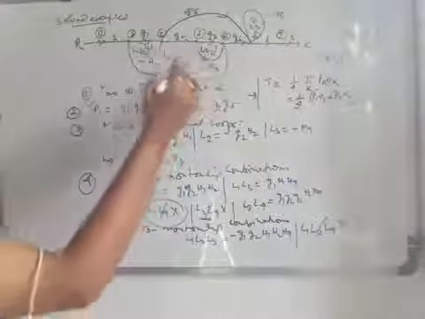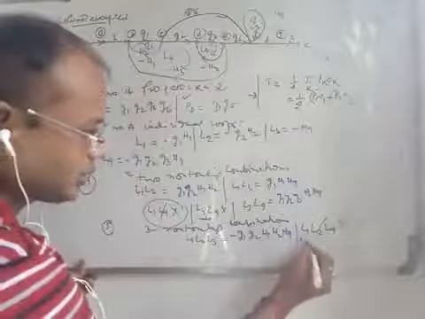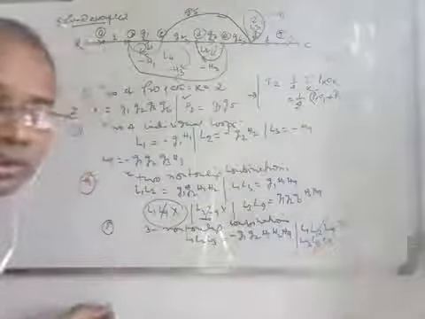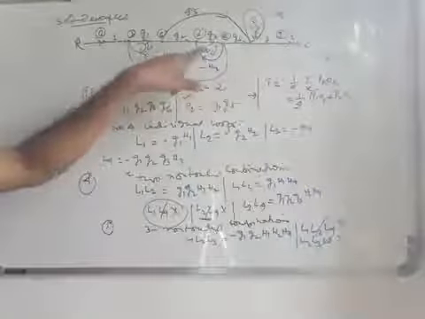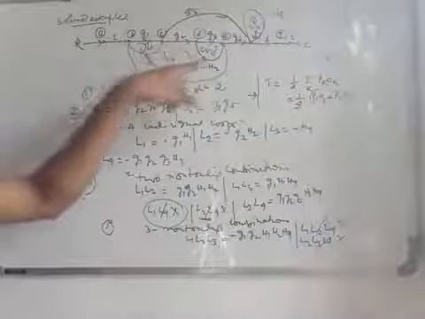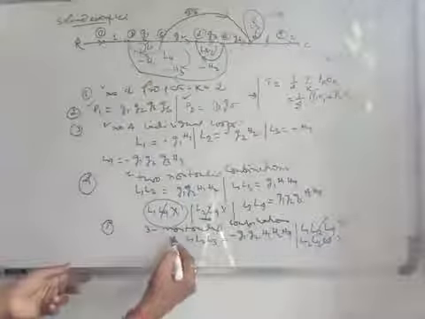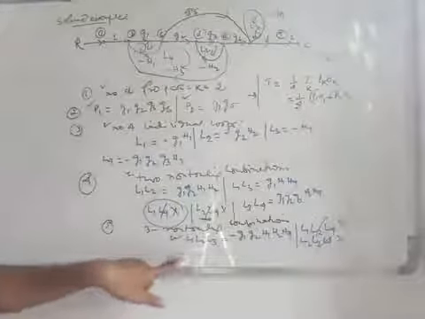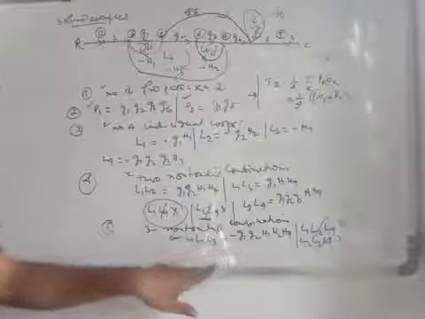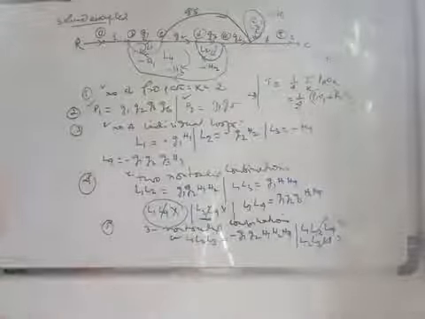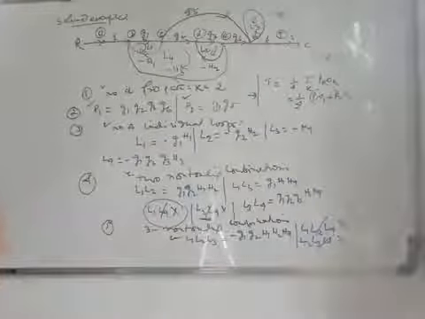L1, L2, L3, L4 and next L2, L3, L4. L2, L3, L4 is not possible because L2 and L4 common sharing is there, right? So we will have only one three non-touching loops combination, L1, L2, L3. So this has the value of the gain product. Now all the values we have obtained.